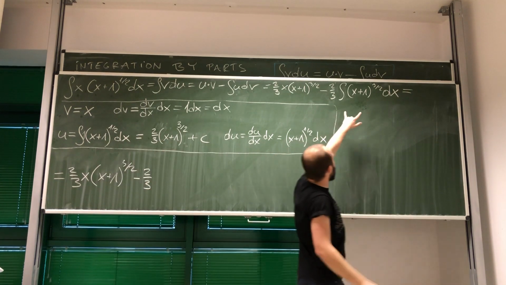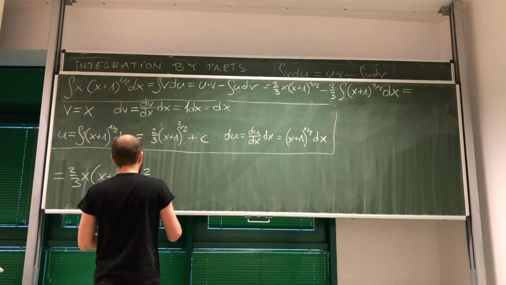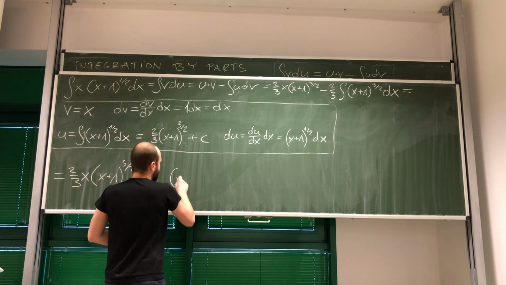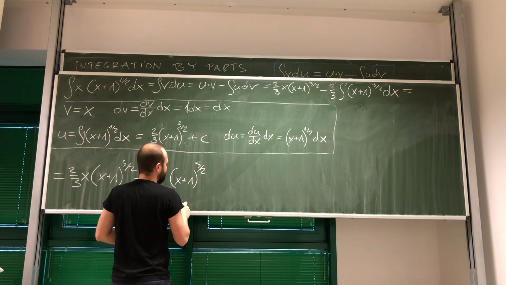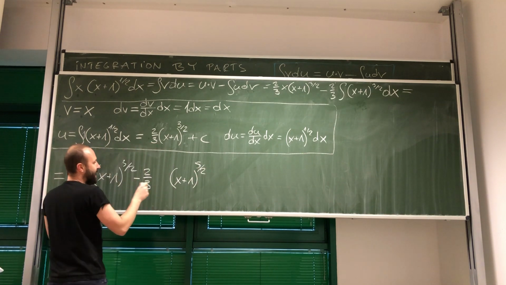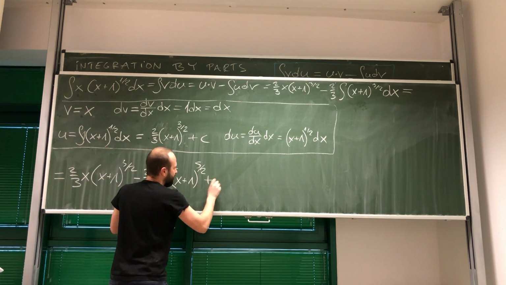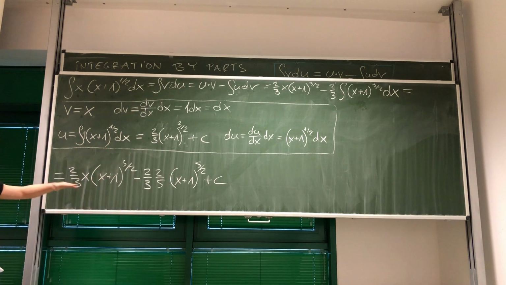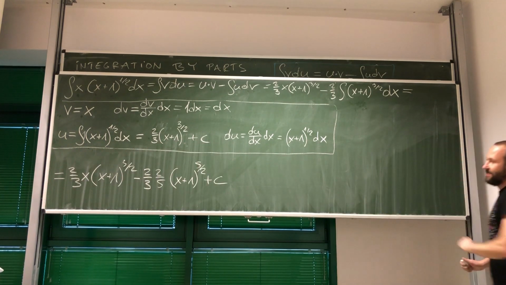And look, now by using integration by substitution, I'm going to get that this is x plus 1 to the power 5 over 2 times 2 over 5. And look, now, because the last integral sign in the equation is gone, I add c.